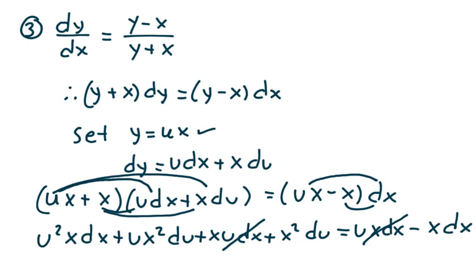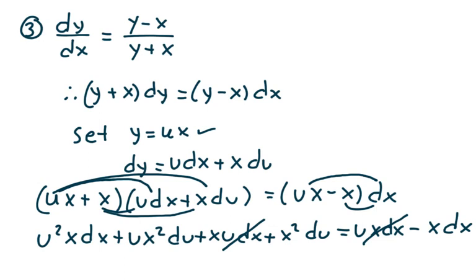If I expand out, I get u squared x dx plus ux squared du plus xu dx plus x squared du is equal to ux dx minus x dx. Notice how I have an xu dx on the left side of the equation, and a ux dx on the right side.